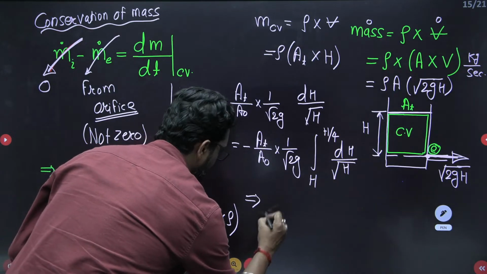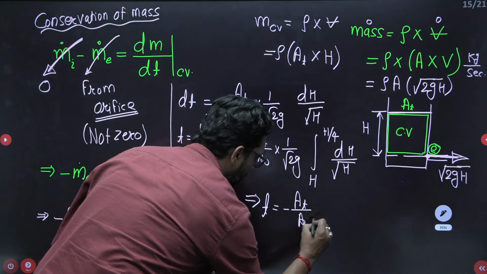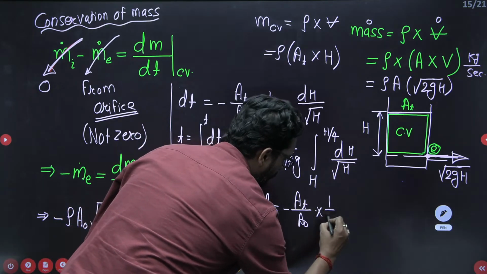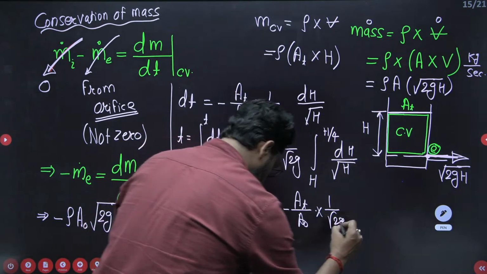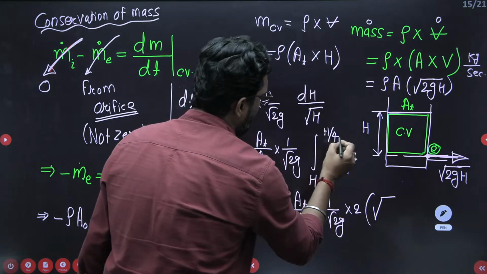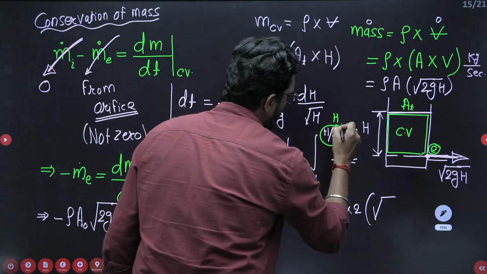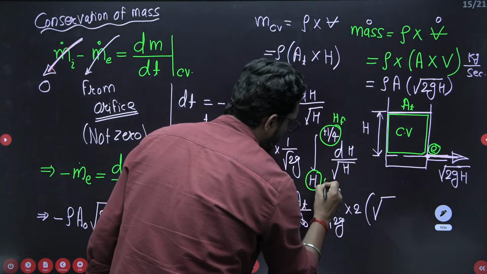Now you have to integrate this. After the integration, the time is given as minus A top by AO into 1 upon root 2g into 2 into root h final minus root h initial. Let's suppose this is h final and this is h initial.